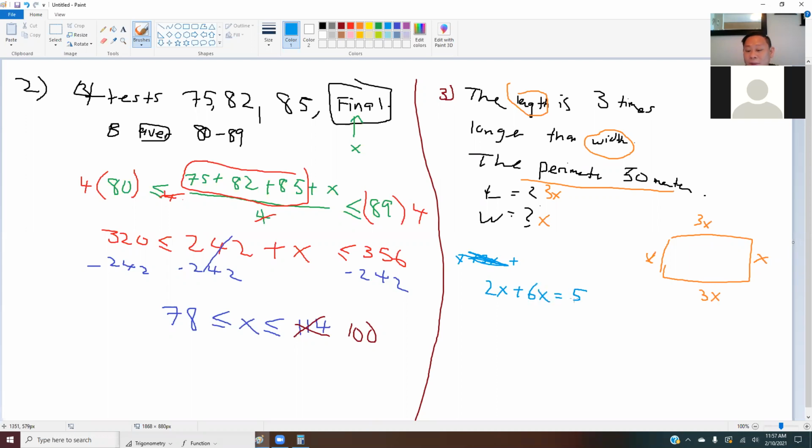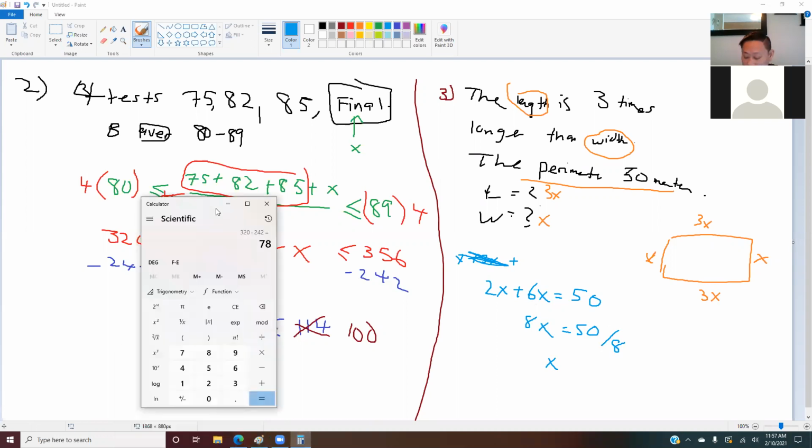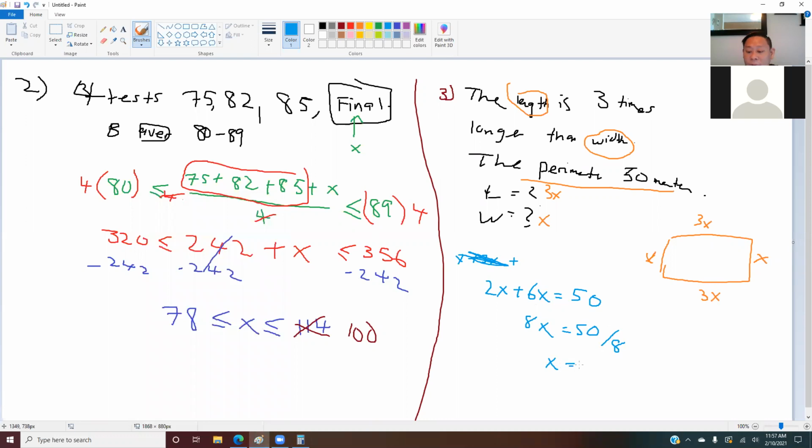So how many x do we have? You have 8x. And then x in this, you divide, right? Yep. So 50 divided by 8 is 6.25. So can you tell me what is your width and what is your length here?